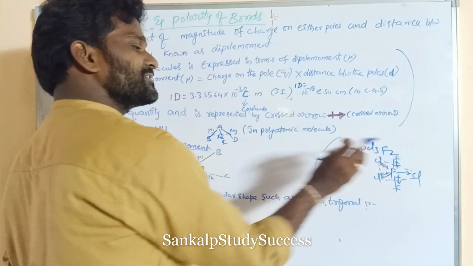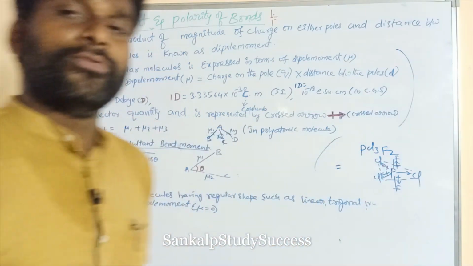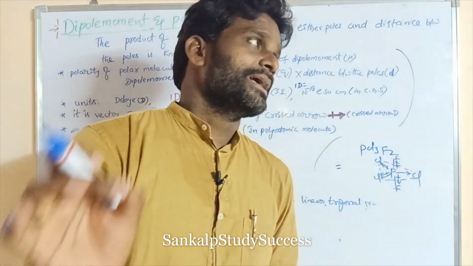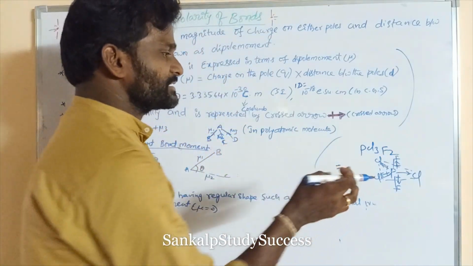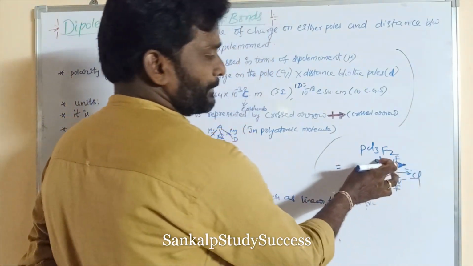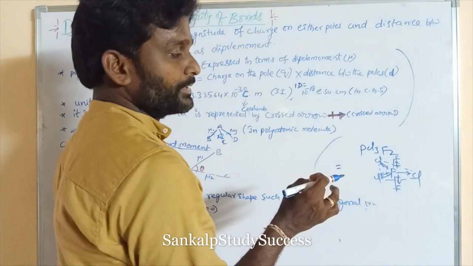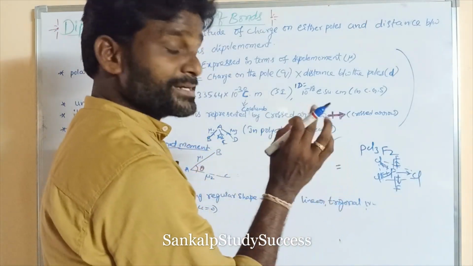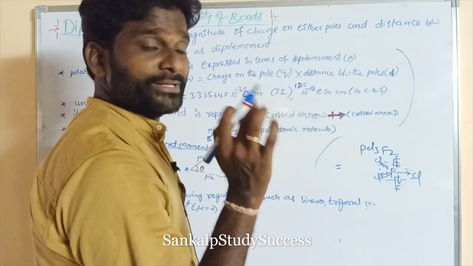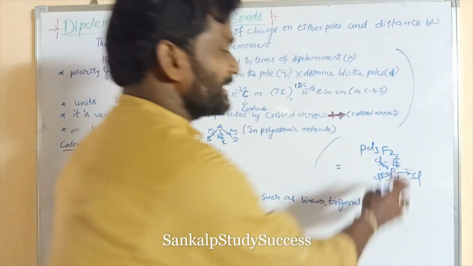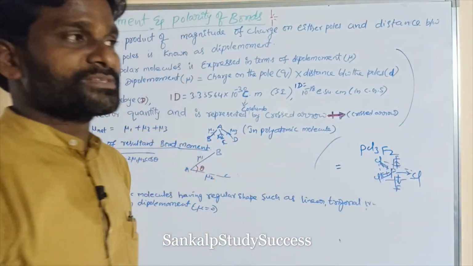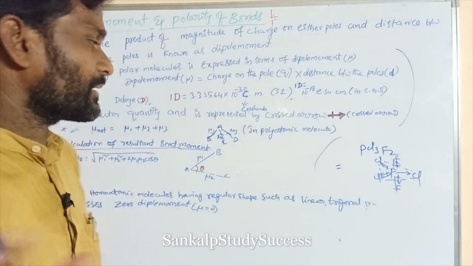That means spatial arrangement of the molecule. The net dipole moment of a polyatomic molecule depends not only upon the number of bonds, but also upon the spatial arrangement of atoms in a molecule, right?